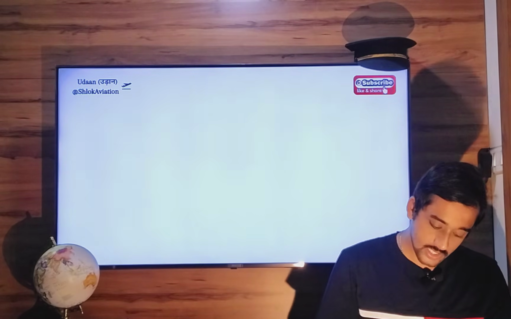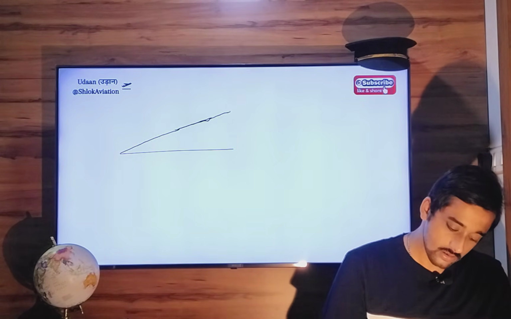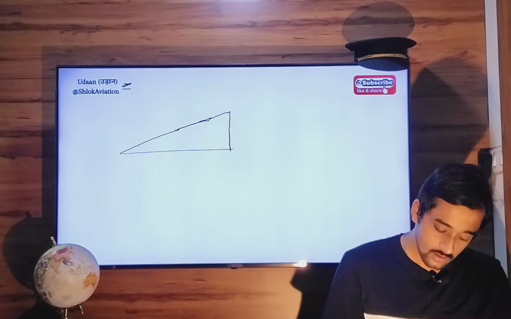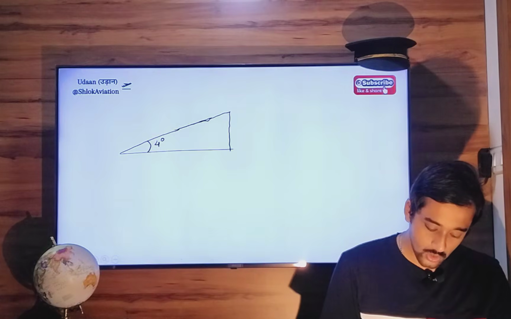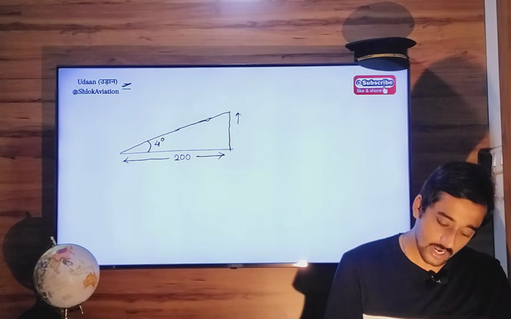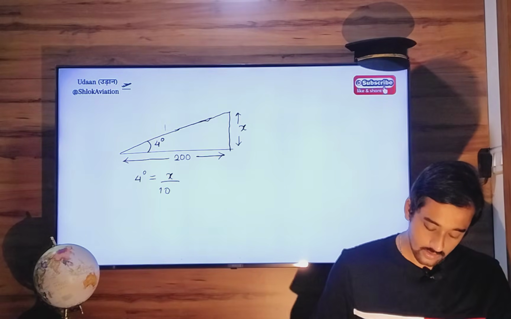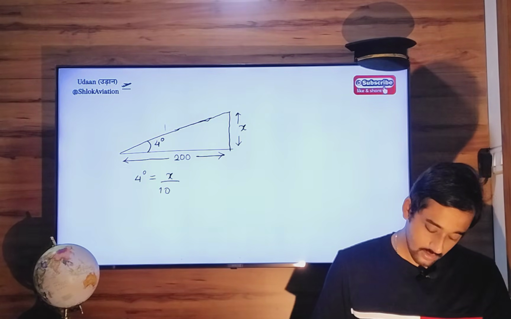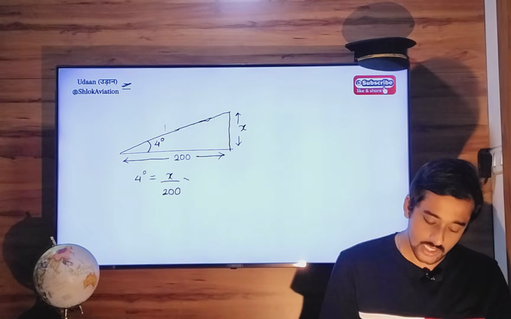So let's draw this diagram. 4 degrees is the magnitude of error. Horizontal distance is 200 nautical miles. To find the off-track distance: the 4 degree track error angle equals off-track distance divided by 200 into 60.